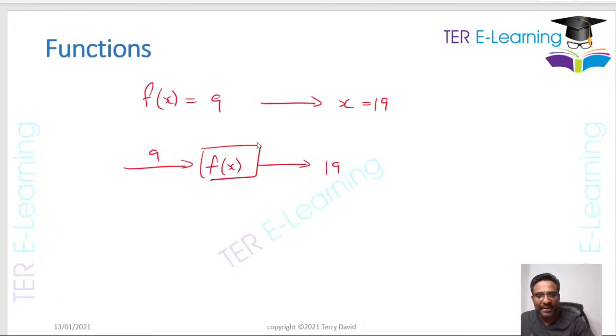When we move in that direction, we are using f of x. But if I want to go from here back to this, I'm going to use my inverse function. So when I plug into the inverse function, I'm going to get back.